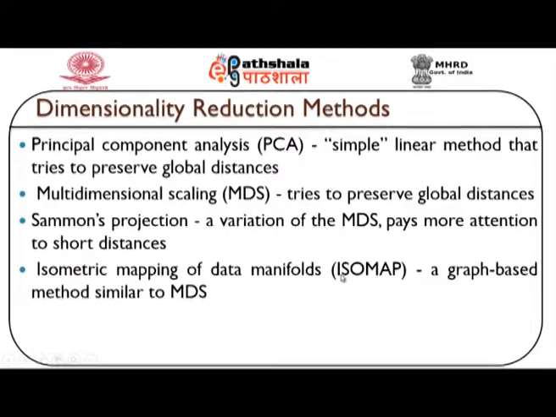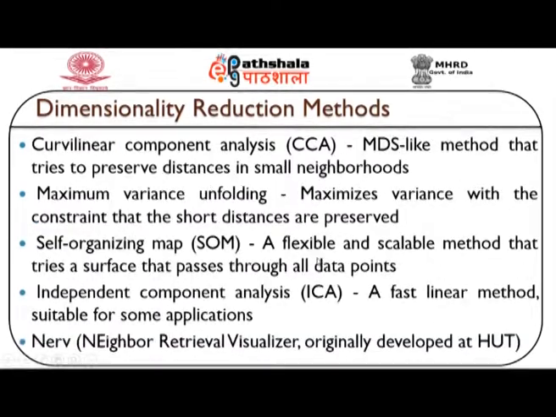Isometric mapping of data manifolds or Isomap is a graph-based method which is similar to MDS. Other than this, we have curvilinear component analysis or CCA, which is an MDS-like method that tries to preserve the distances in small neighborhoods. Then we have the maximum variance unfolding technique, which maximizes the variance with the constraint that the short distances are preserved.